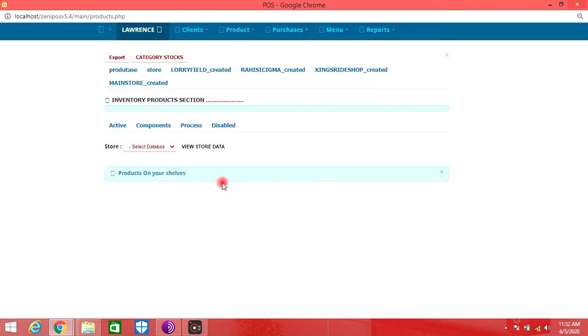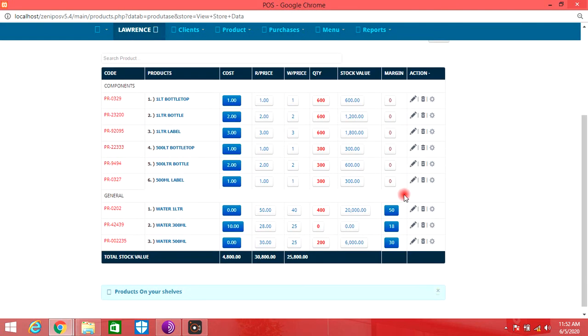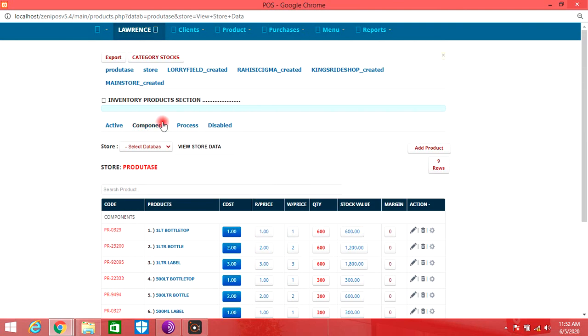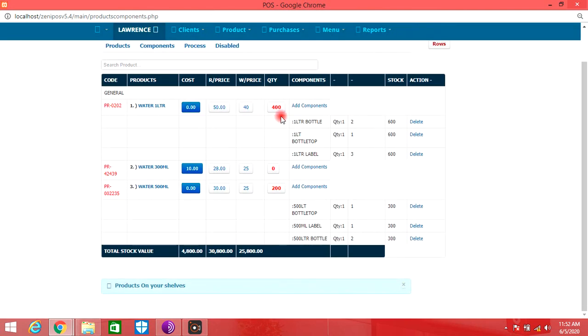Go to my inventory and you are able to see 400 and 200, and their respective raw components are reduced.